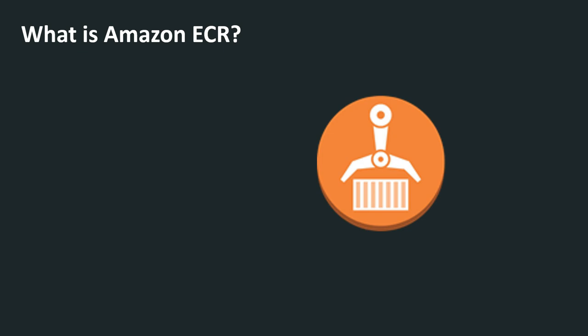And of course you have all those abilities because these are all AWS services, so they are tightly integrated with each other, and ECR is pretty easy and straightforward to use.